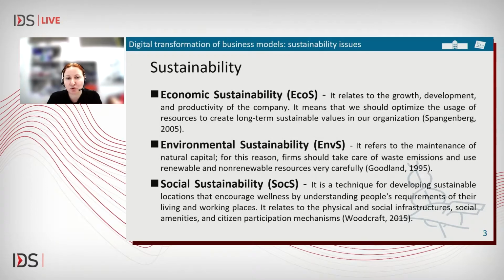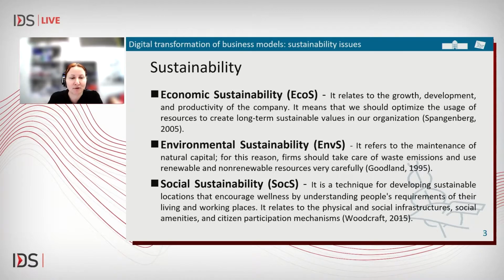It means that we should optimize the usage of resources to create long-term sustainable value for our organizations. While environmental sustainability refers to the maintenance of natural capital. For this reason, firms should take care of waste emission and use renewable and non-renewable resources very carefully.